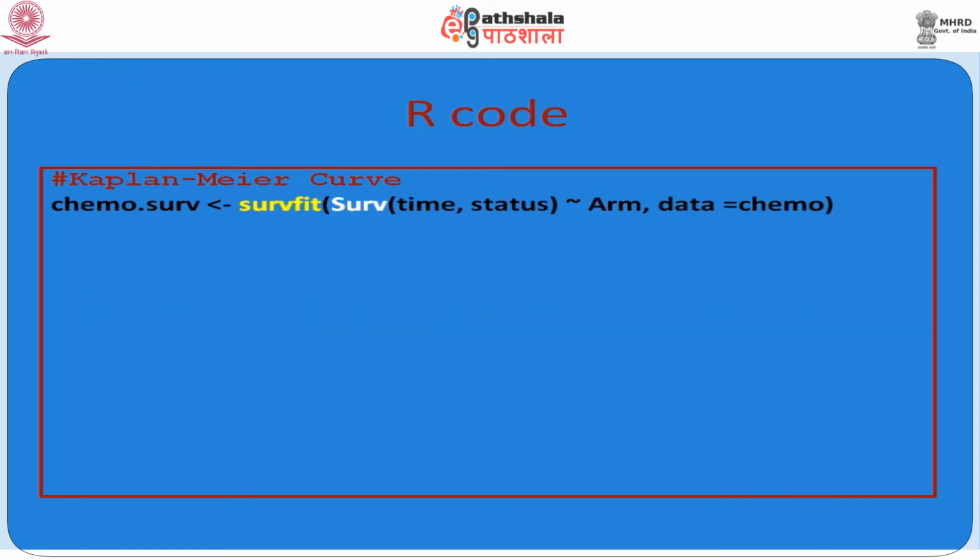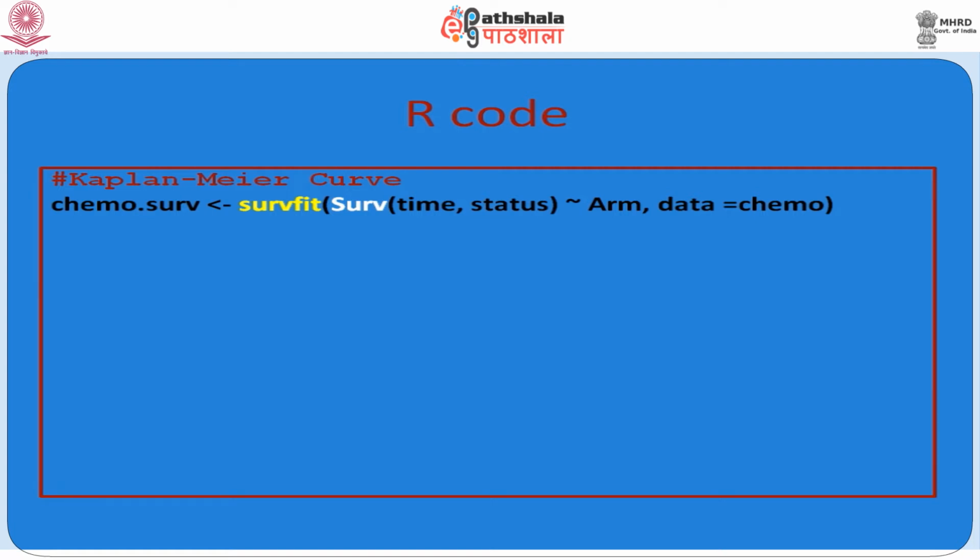Here we have given the data, called chemo, at the end of this function, data equals chemo, and before that we have used two functions, that is survfit and Surv. These functions are available in the library called survival.